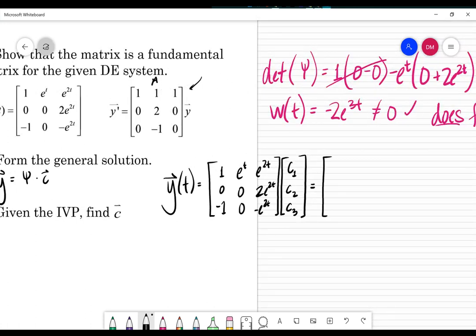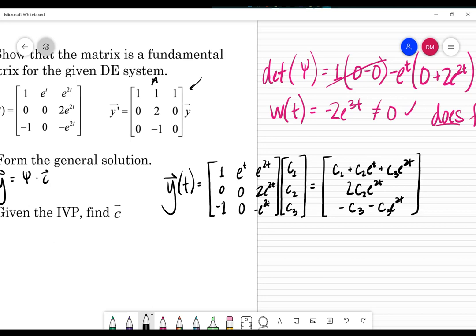I'm going to do the matrix multiplication and say that that in fact would look like this. So again, multiplied out is another variation on writing it.